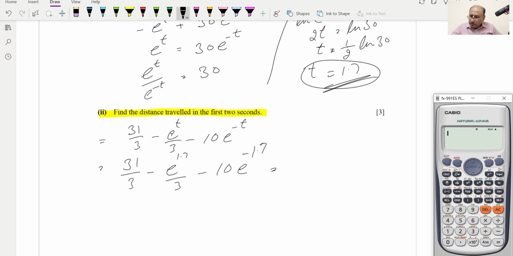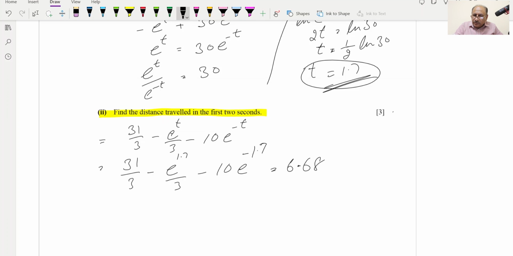This will be 31 over 3 and minus e raised to the power, basically first we have to take the fraction, then e raised to the power 1.7 over 3, and next is minus 10 e raised to the power minus 1.7, and this will be giving us 6.68.